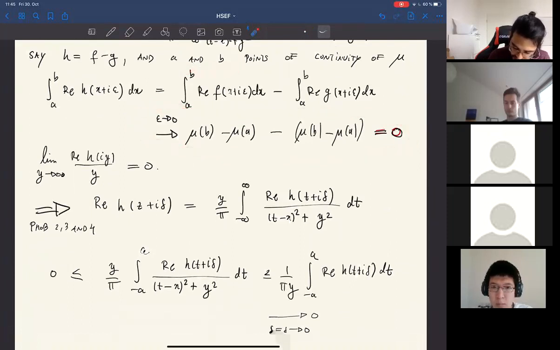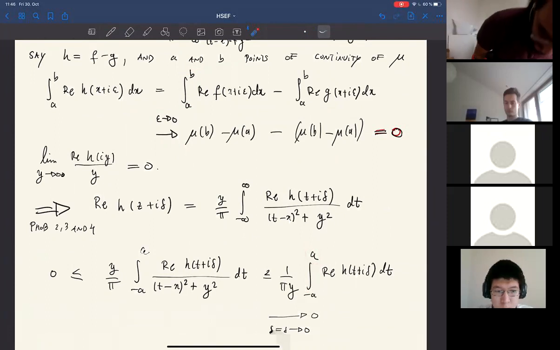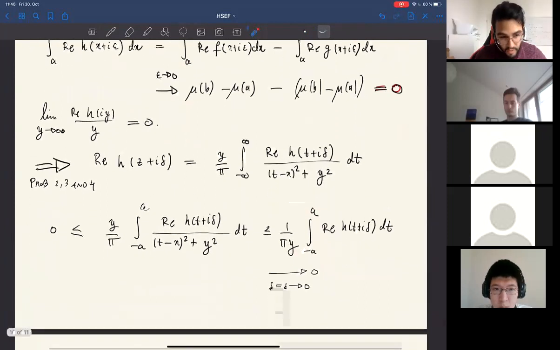So I'm assuming that A and minus A are points of continuity of mu, which I can assume because, again, the points of discontinuity are at most countable. So I can always take A such that A and minus A are points of continuity, and A can be as large as I want.